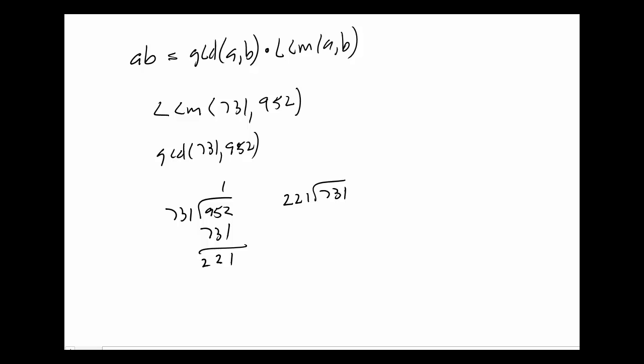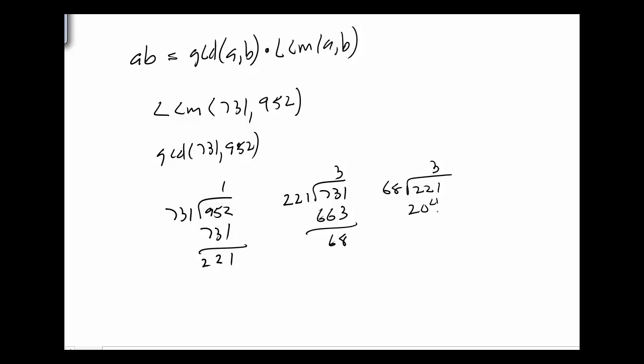Maybe 3 gives me 663. So then I subtract 663 from 731 and I get 68. And 68 goes into 221. Let's see. This rounds to 70. So 70, about 3 times, I'd imagine. Yeah, because 4 times puts it closer to 280.